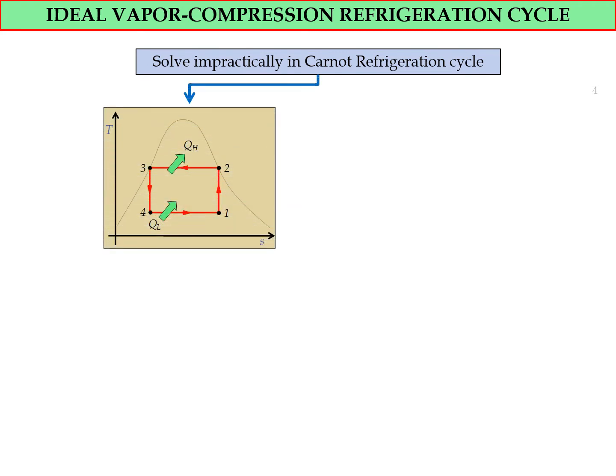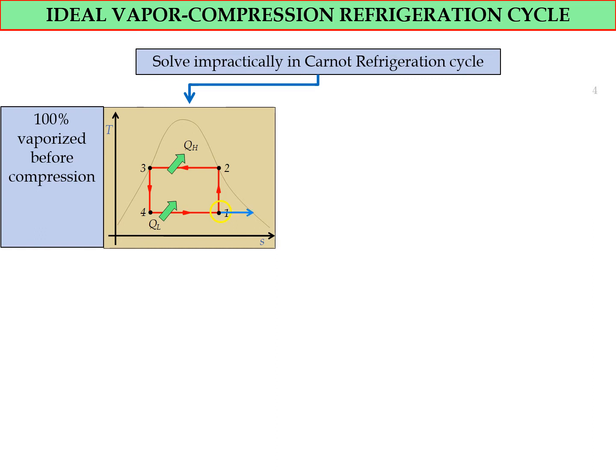So first, I already explained in the previous video that in the reverse Carnot cycle we have a few impracticalities. To solve these impracticalities in the Carnot refrigeration cycle, first we 100% vaporize before compression, as you can see in state 1, which I put in the yellow circle.